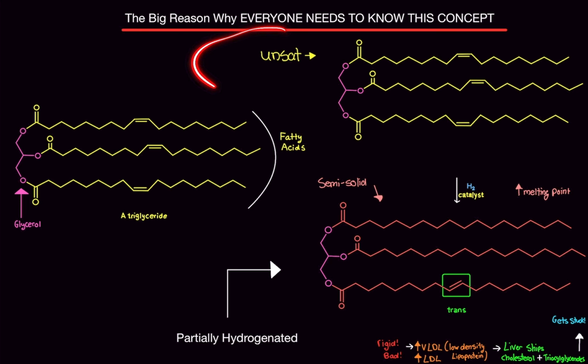Here's what happens. You do the reaction. You put unsaturated fat in a beaker and you add your ingredients, molecular hydrogen and your catalyst. What will happen is it will indeed remove all the double bonds, but there is a chance that one of the double bonds can go back onto the molecule, but it will be installed in the trans position.